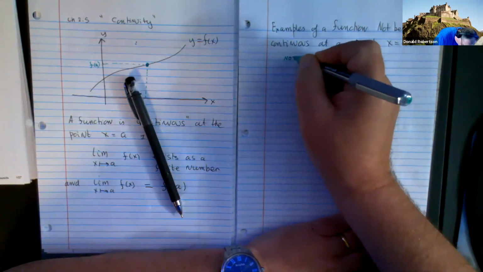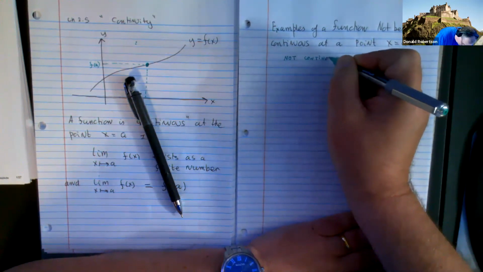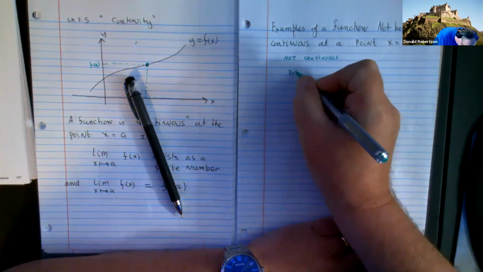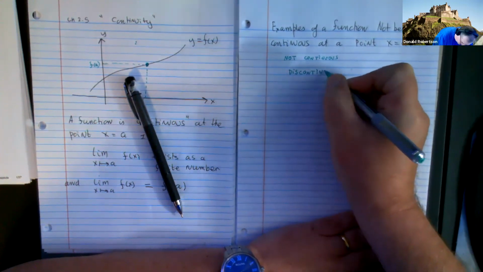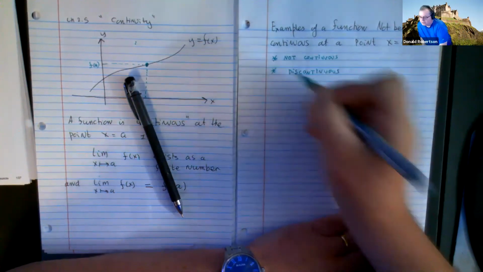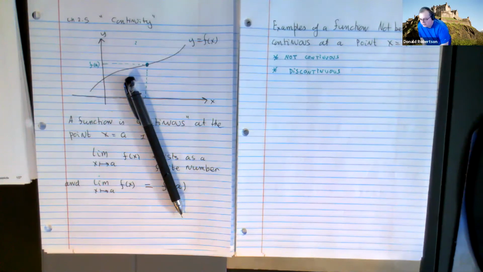You'll see it being called not continuous, and you will also see it in textbooks being called discontinuous. Those are the same thing. Sometimes you'll say a function is not continuous at x equals 2, or you might say a function is discontinuous at x equals 2. They mean exactly the same thing.